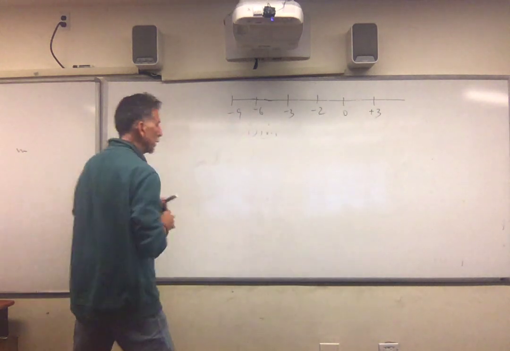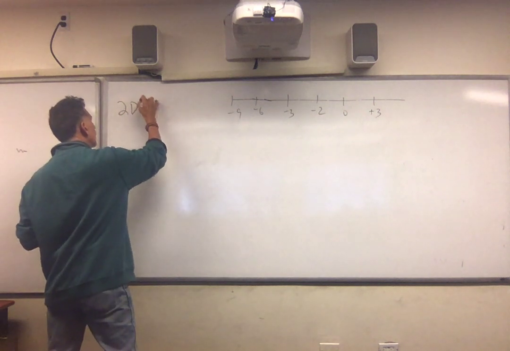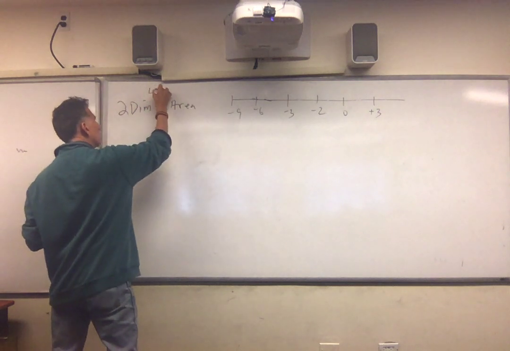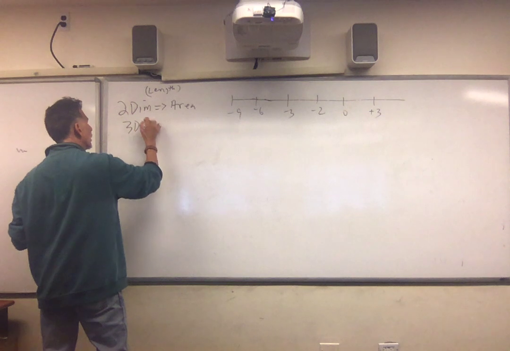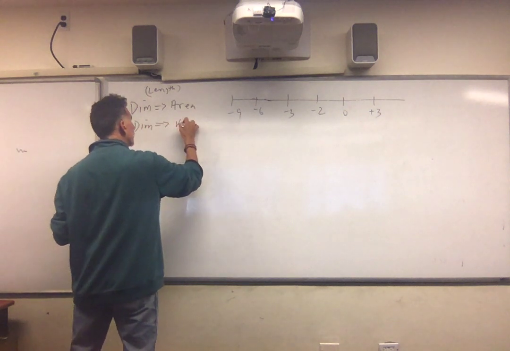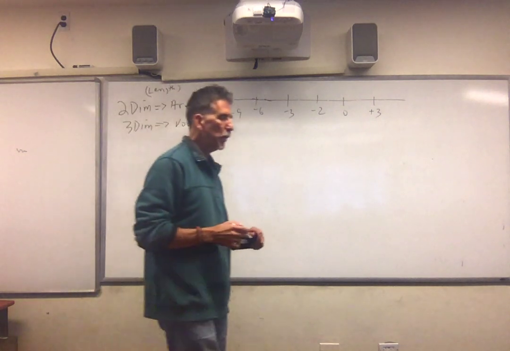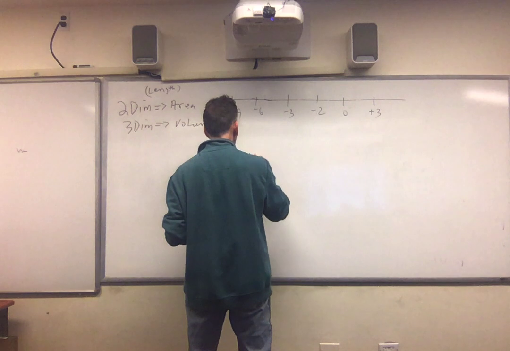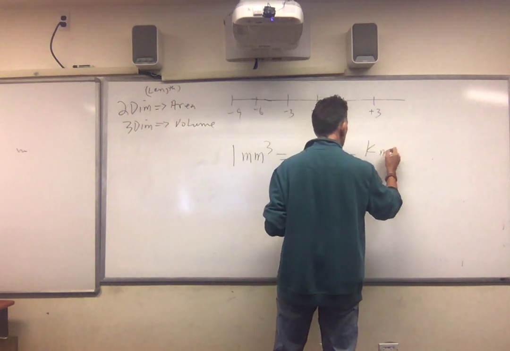So I'll write this over here. 2 dimensions represent an area when we're talking about length. 3 dimensions are volume. So centimeters cubed, kilometers cubed, meters cubed are all volumes. 1 millimeter cubed is how many kilometers cubed?